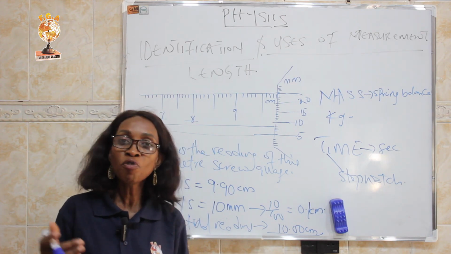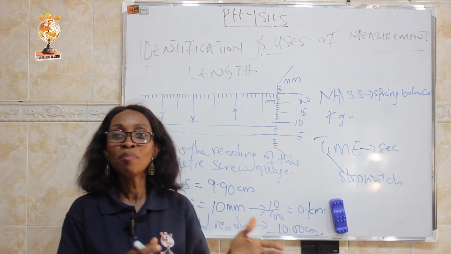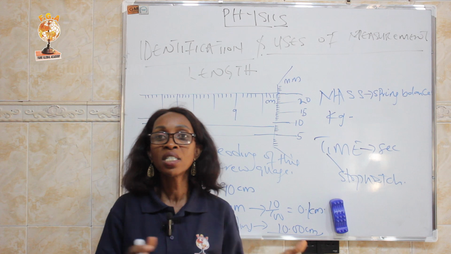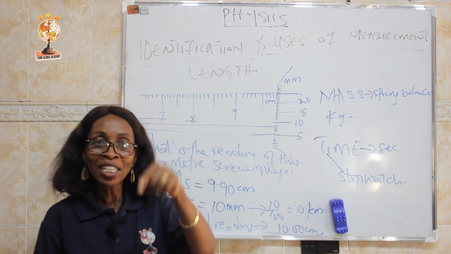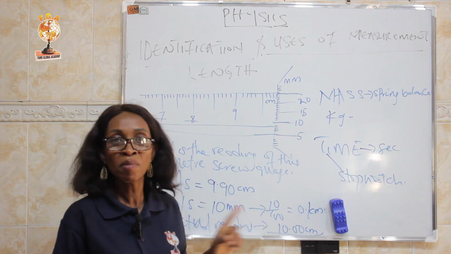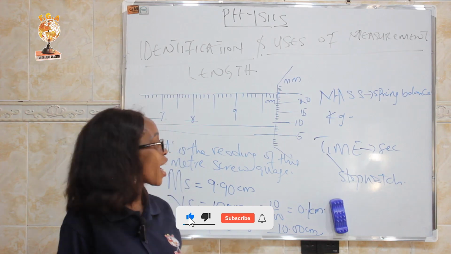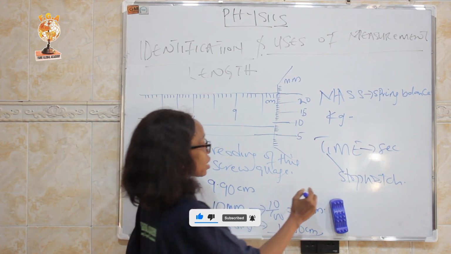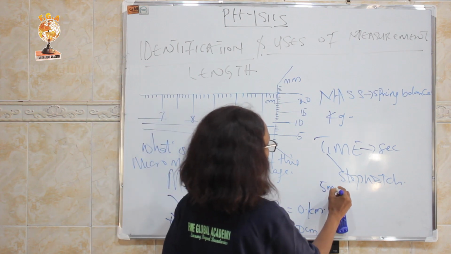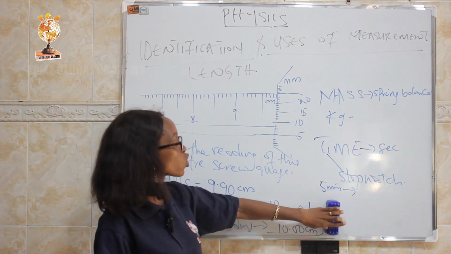Remember, we normally learn in primary school or junior secondary that 60 seconds make 1 minute and 60 minutes make 1 hour. It comes into play now in physics. Measurement in physics is very, very important. If I am given time as 5 minutes, because the standard unit for time is seconds, I must convert to seconds.